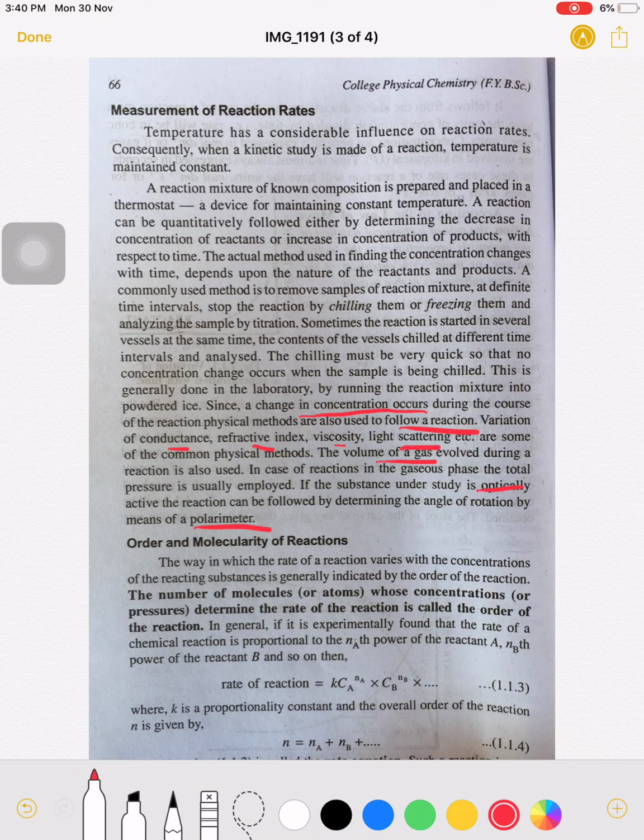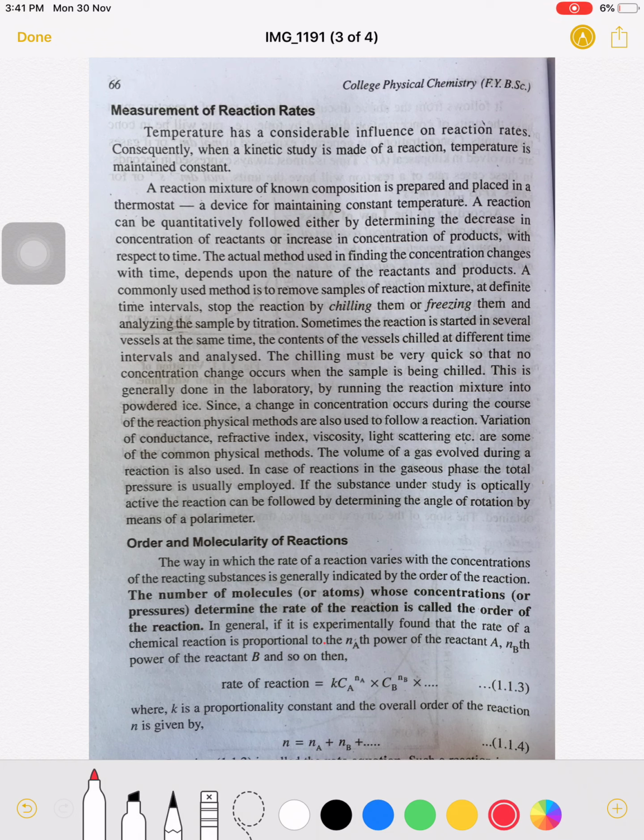Optical activity is determined by determining the angle of rotation by use of a polarimeter. A polarimeter is an instrument used for determining the angle of rotation of the reactants. Those molecules which are optically active show change in the angle of rotation by use of polarimeter. So these are the simple methods which are used for determining the rate of reactions.